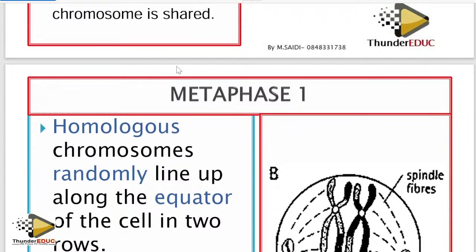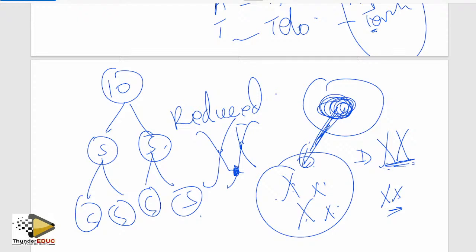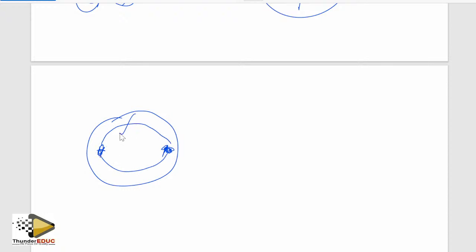All right. After that, the cell will undergo what is called metaphase. When you say metaphase, chromosomes are in the middle. Look, you have a cell, you have the spindle fibers, they are formed there. Now the chromosomes come to the spindle fibers in the center of the cell.